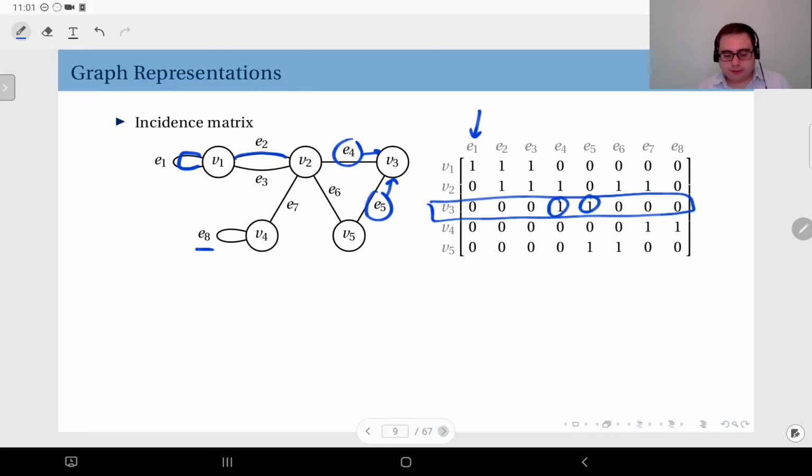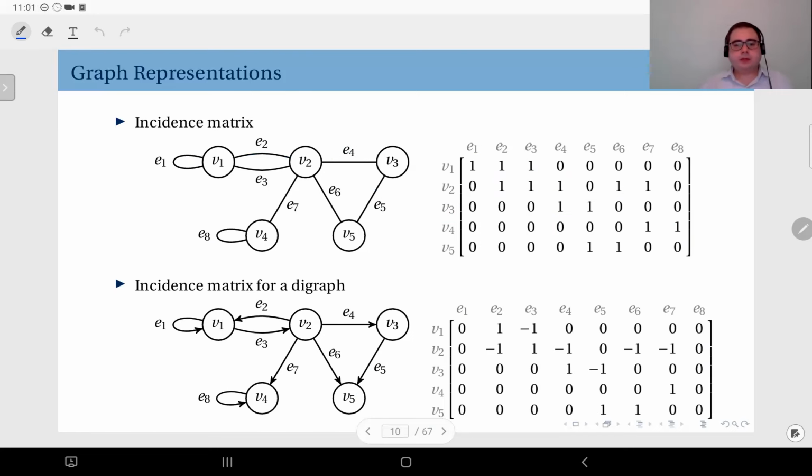Now, for directed graphs, this definition differs from source to source, but take E2, for instance, edge 2, that is from V2 to V1. Therefore, the vertex that the edge emanates from is marked with -1, and the vertex it ends at, V1 here, is marked with a +1.